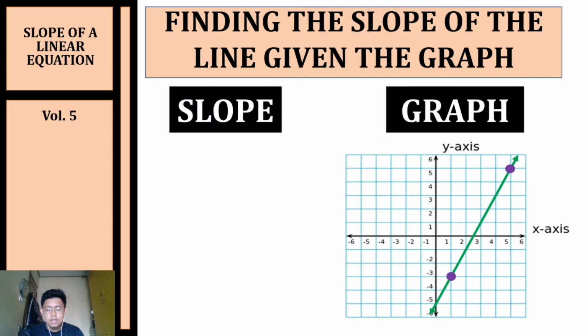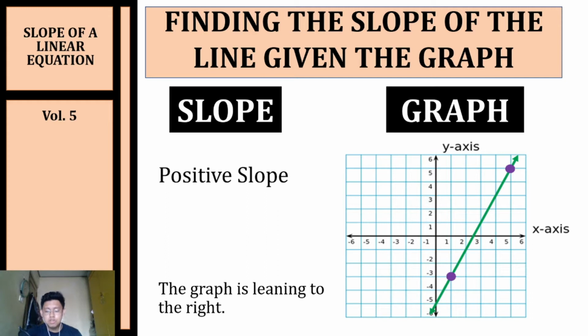In finding the slope, let's first identify the different linear equations that we will see in a graph. In this example, we have a graph that is leaning to the right. Therefore, we are expecting a positive slope, or our slope is equal to a positive real number.